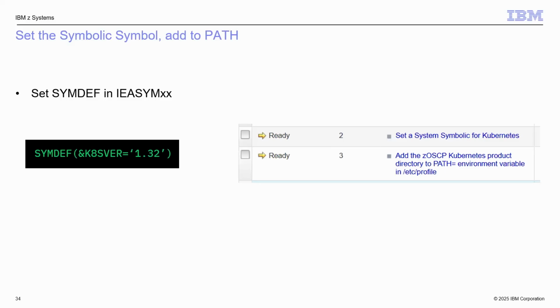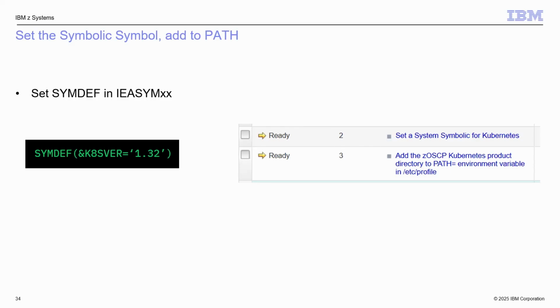Now we have a symbolic symbol we need to define as well, K_VER. This version, you want to point to whatever version you are currently running with. And Paul had gone over this briefly about how we have some versioned PDSEs and versioned binaries in order to have an upgrade path.